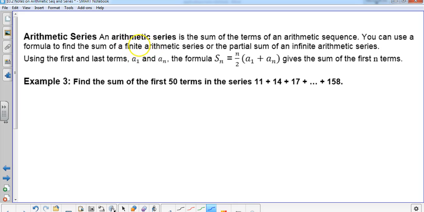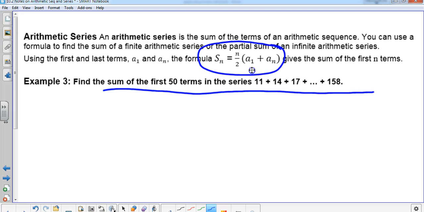All right. Find the sum of the first 50 terms of this sequence. Again, this is the formula as it's given. I talked about this one other time about how this came about, but you're adding the first term and the last term, times the number of terms, divided by 2.